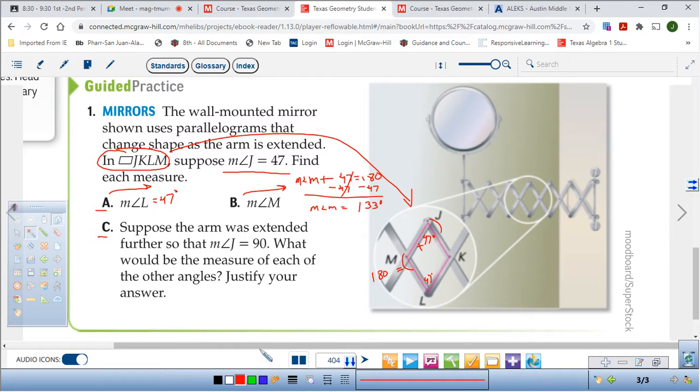So if this one's 90, just say this one's 90 now. What would each other measure be? Going once, going twice. Somebody. Yep, 90 degrees.